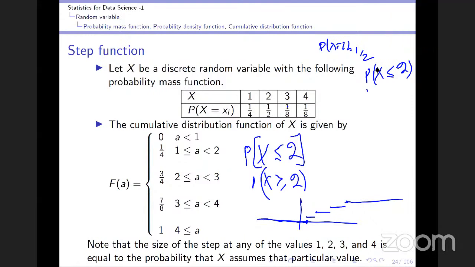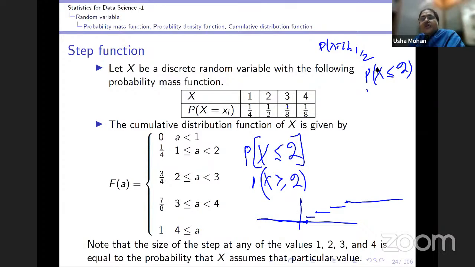Discrete, because I'm saying number of jobs, it takes values 1, 2, 3, and 4. Now, what is the use? If I were to ask the question, what is the probability that a person would have exactly 2 jobs, then I would use a probability mass function to answer that question.